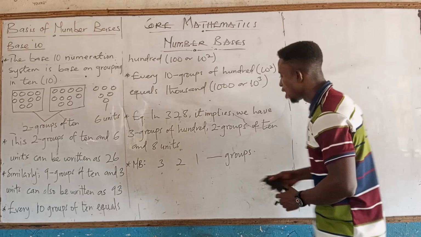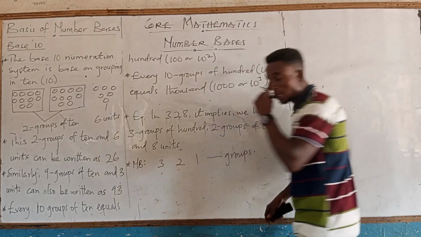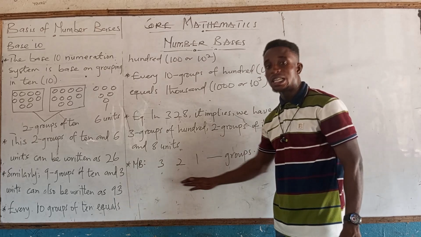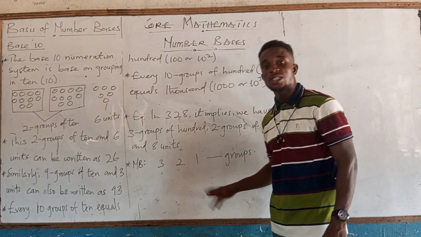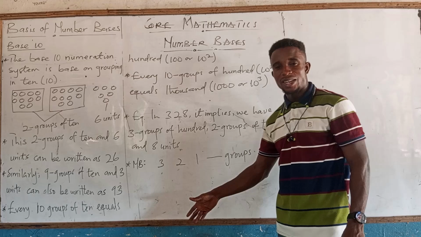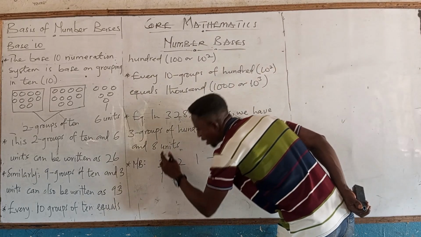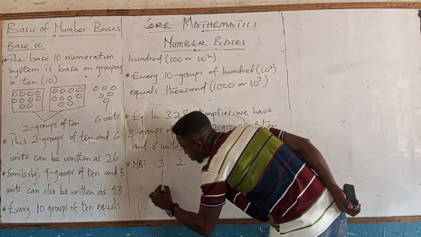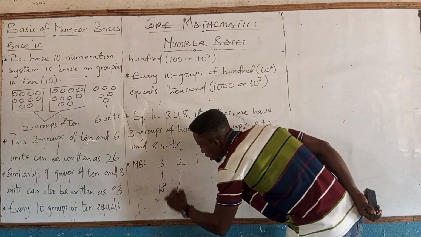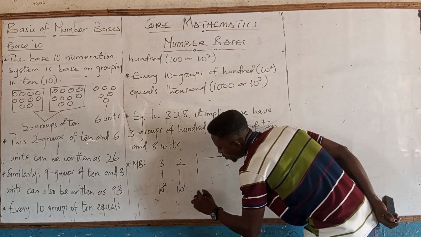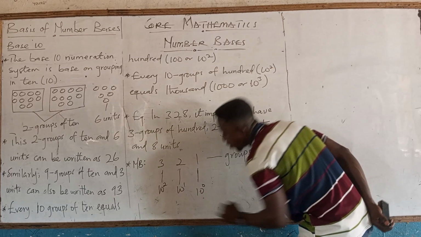Shall we proceed? And also, we can also what? Based on the number basis, are we getting that? In getting what? The place of each of these what? Numbers or the groups. Are we getting that? So we said what? This one is in 100, and 100 can be written as 10 exponent 2. This one too can be written as 10 exponent 1, and this one too can be written as what? 10 exponent 0.